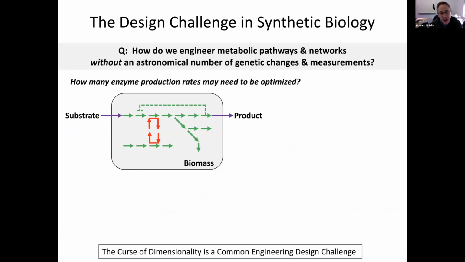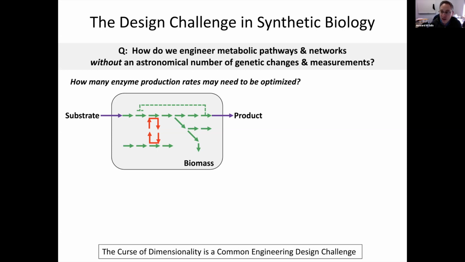So first off, how do we engineer a metabolic pathway or a network without an astronomical number of genetic changes and measurements? We don't want to necessarily go the full brute force approach. And in fact, a full brute force approach is not possible. So I'm going to give you examples of why it's not possible.